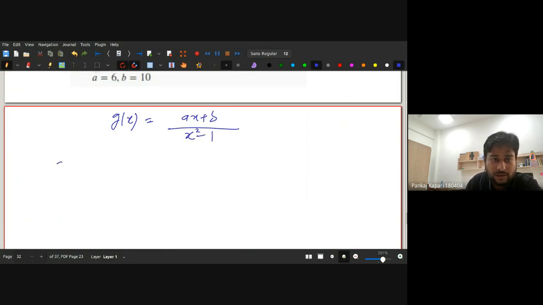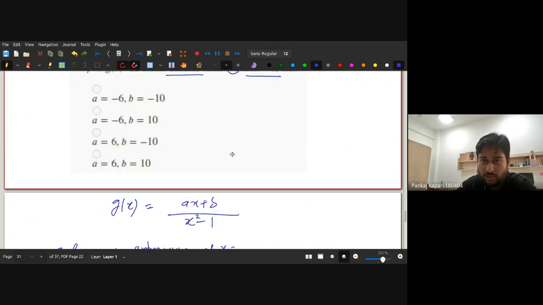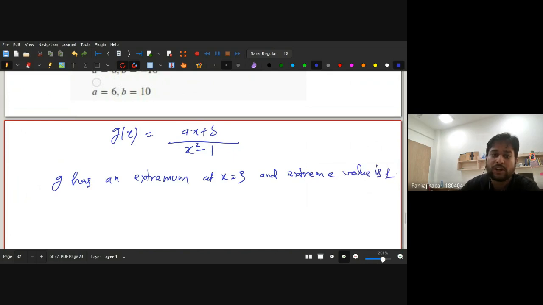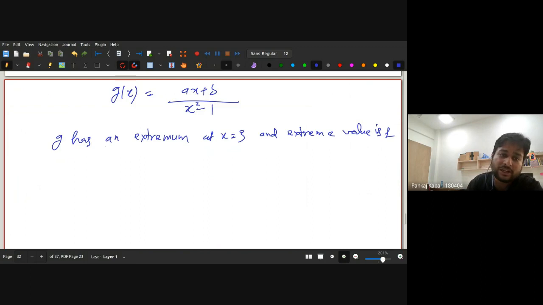Our g of x is ax plus b divided by x square minus 1. And what is given? Given that g has an extremum at x equal to 3, and the extreme value is 1. So if x equal to 3 is an extreme point, that means it's a critical point.